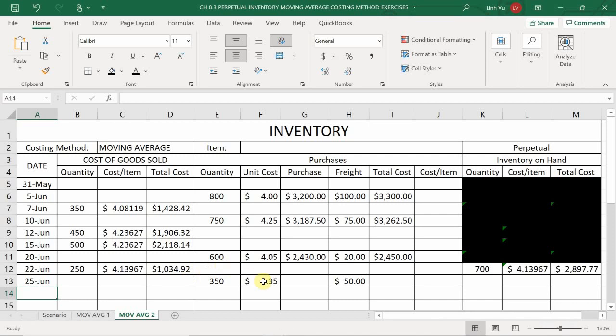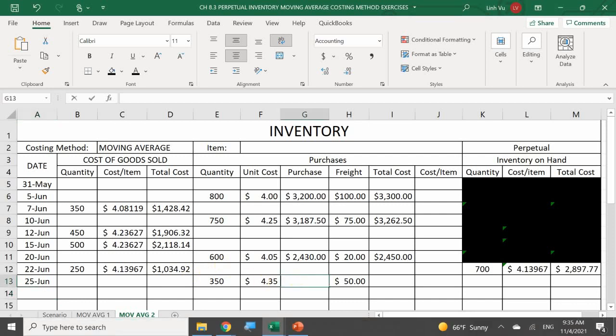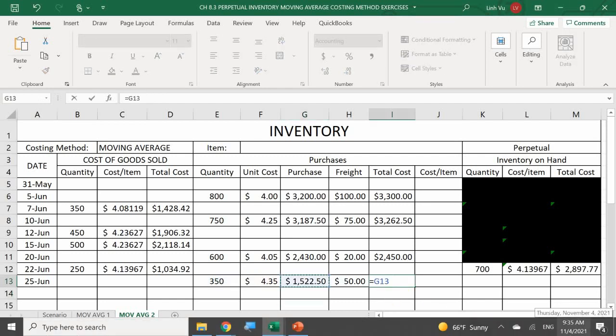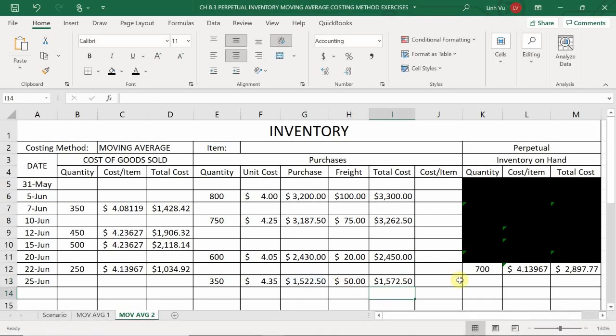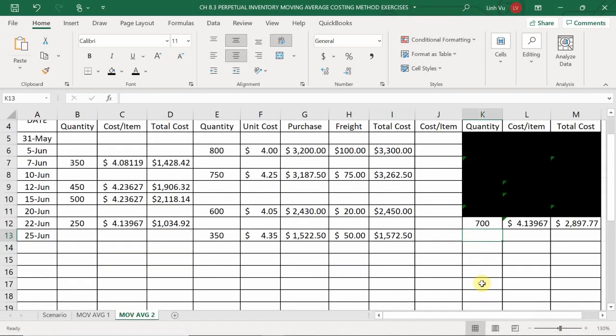Okay. So then my purchase price here is going to be 1,522.50 plus my $50 of freight. Okay. 1,572.50.